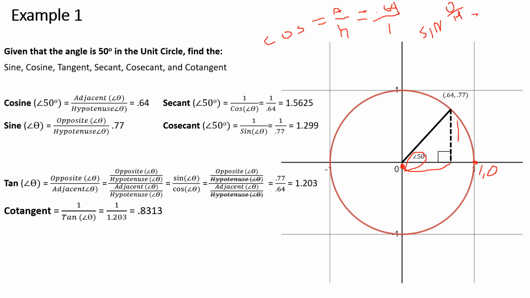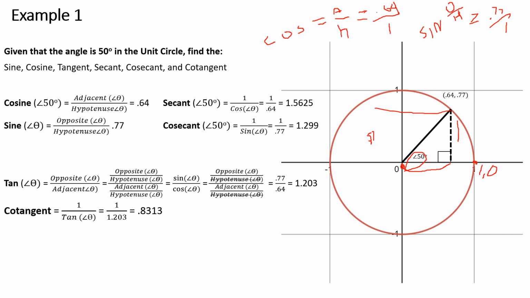And when I put it in, I get 0.77 over the hypotenuse, which is 1, so it's 0.77. So my vertical distance is actually 0.77. So my cosine is my x, my sine is my y.